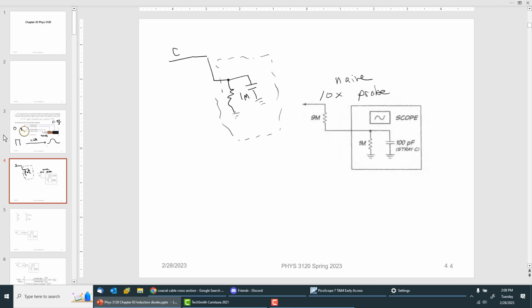In fact, we've exacerbated it because remember the rule of thumb says that for parallel circuits, the low Z dominates. So if I merely increase the ohmic load, instead of 1 mega ohm making it 10 mega ohms, I made the problem even worse.